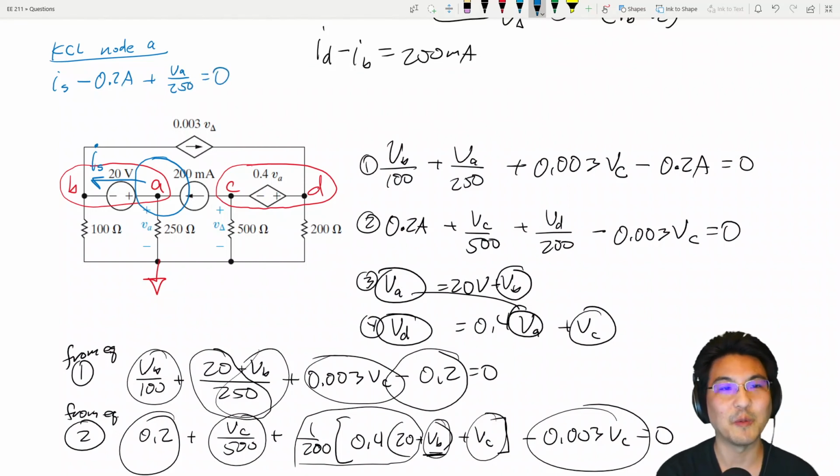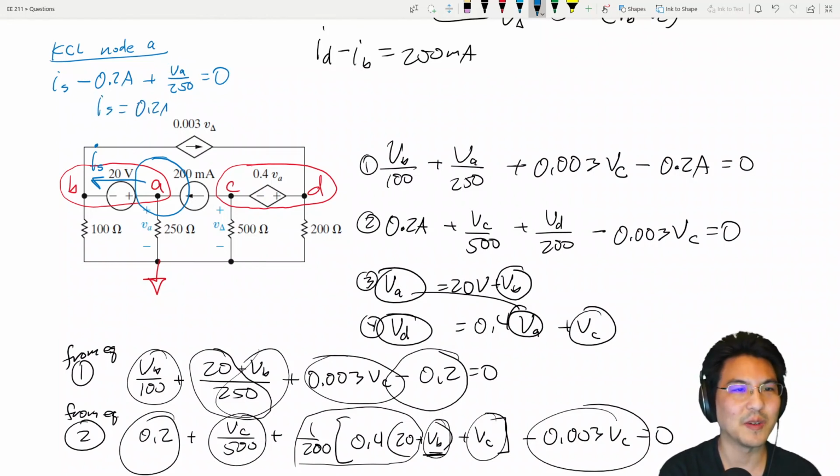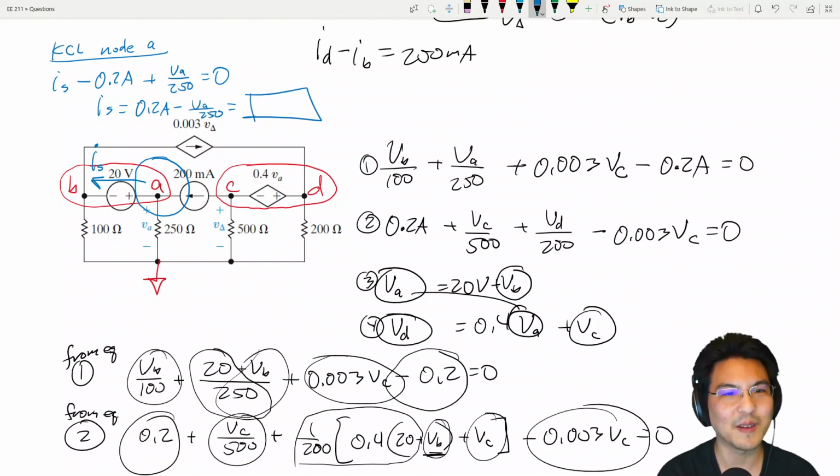Okay, and then at this point we would know this node voltage. So then the source current would be 0.2 amps minus VA over 250. And then we have that current times 20 volts would be the power.